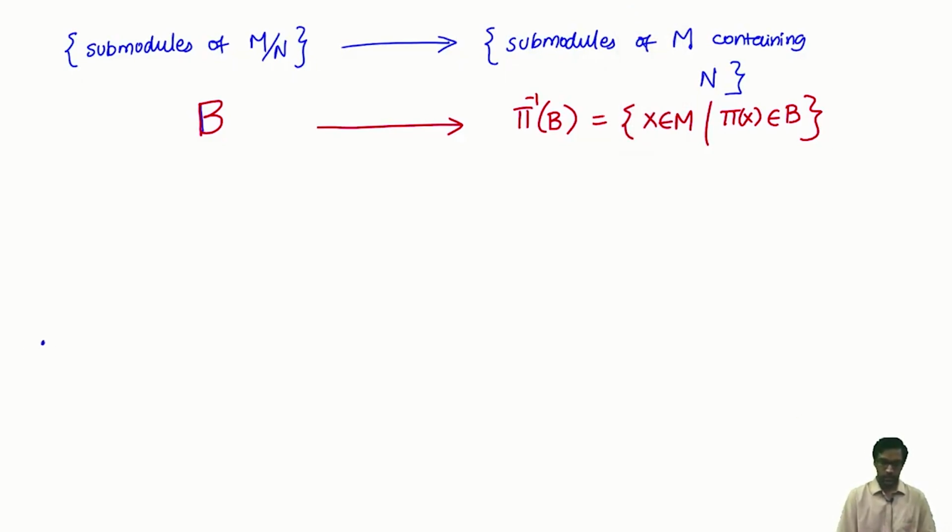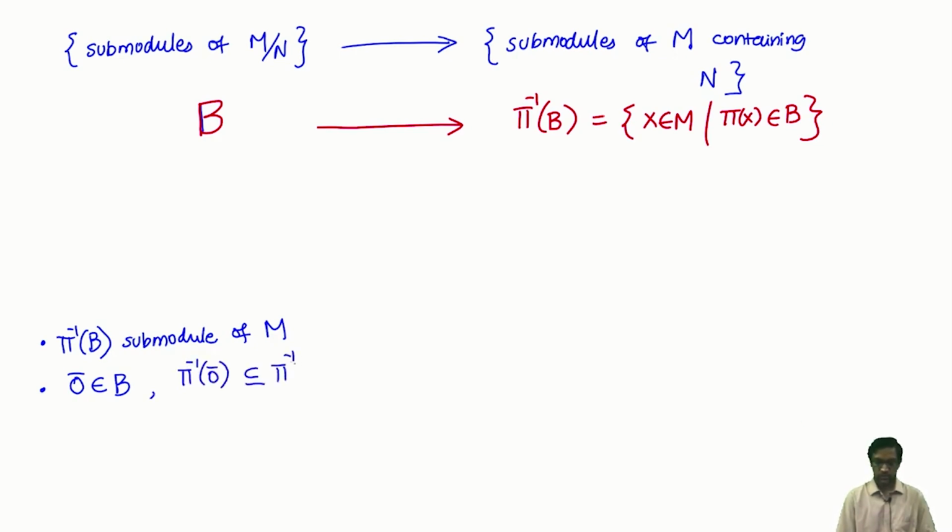Okay. So the first observation to make here is that this map is well defined. So let's just record this somewhere. So observe the inverse image of B is a submodule of M. That's easy to check, I leave that for you to verify. But the key property that we need is, because B contains the 0 element, the pre-image of the 0 element, well, what's the pre-image of the 0 element?